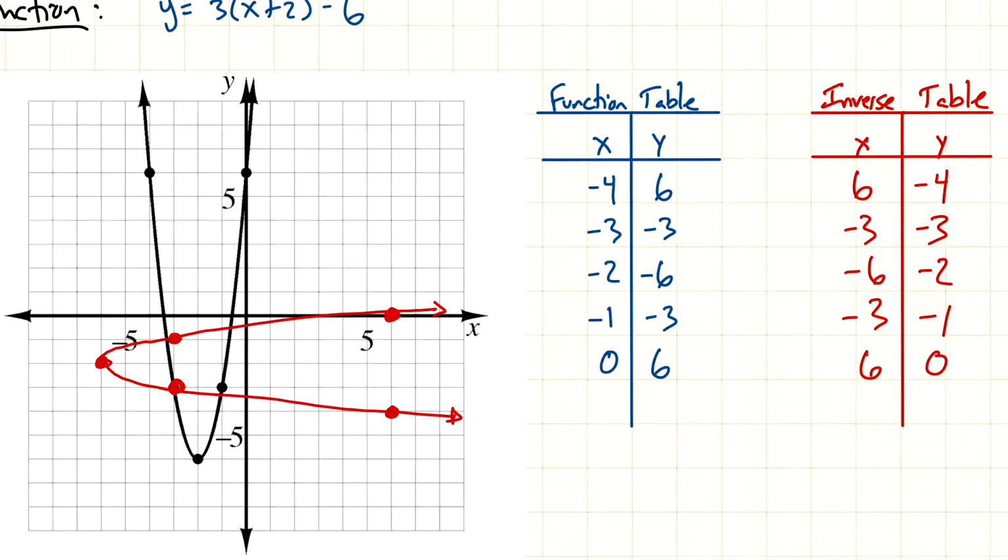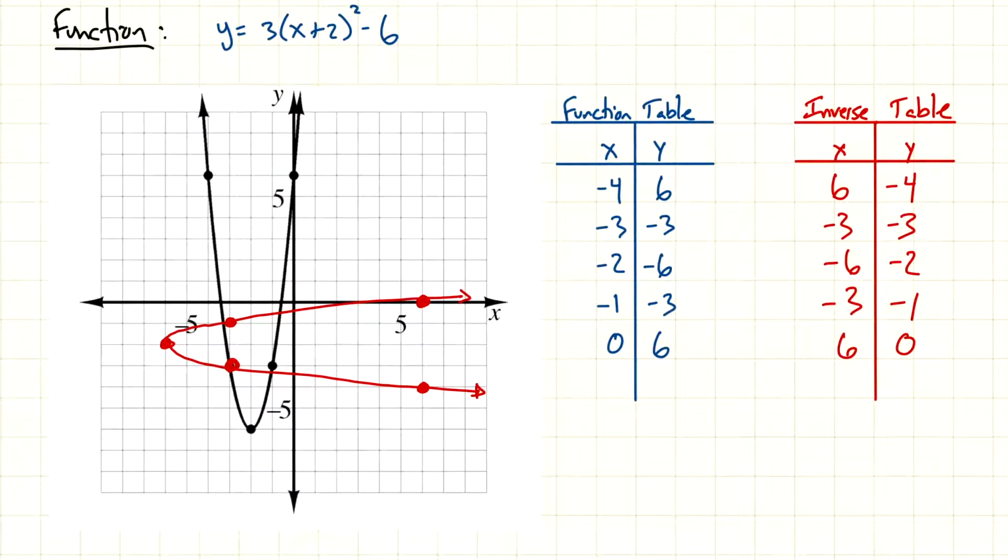Question is, does it follow the pattern of being a mirror image of the original? Well, let's draw in our line of symmetry. So if I draw in that line of symmetry, which is y equals x, something like this, does it look like that line of symmetry goes down the middle of those two graphs?